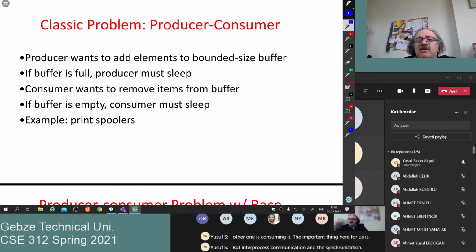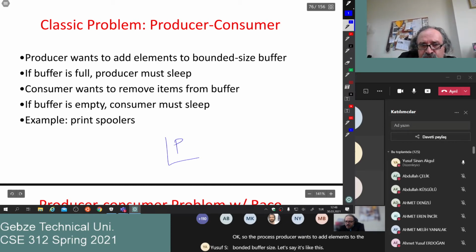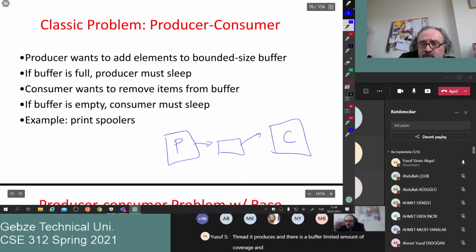The producer wants to add elements to the bounded buffer. Let's say it's like this. This is the producer thread. It produces, and there is a buffer, a limited amount of buffer, and the consumer reads it. This is the buffer.